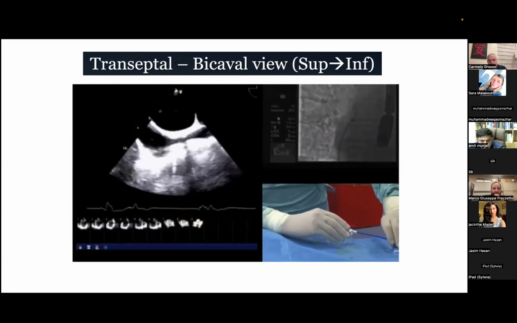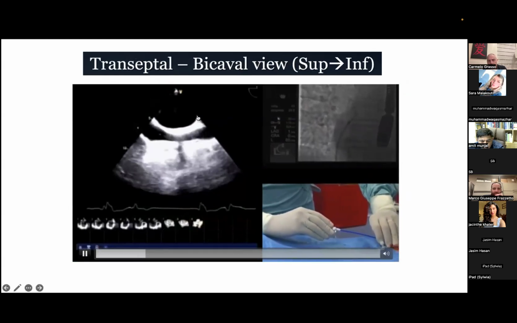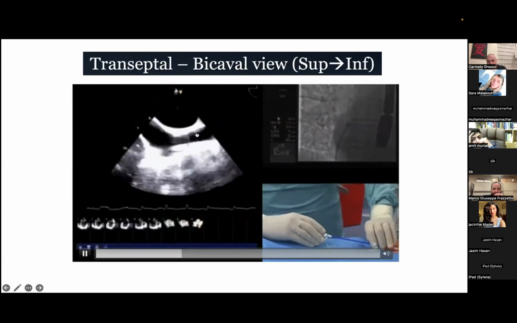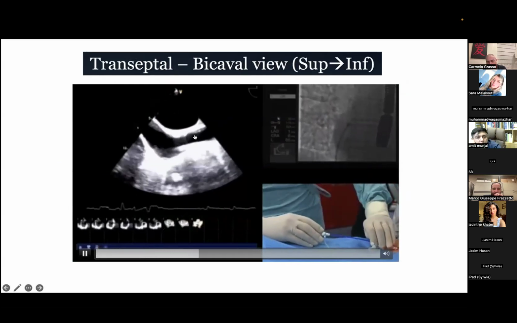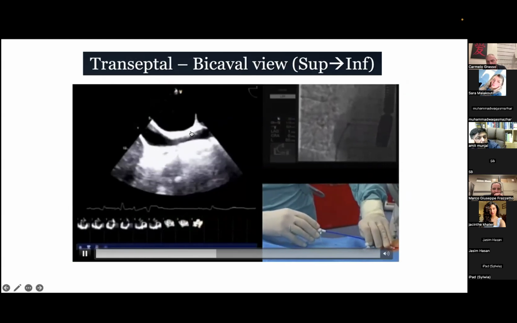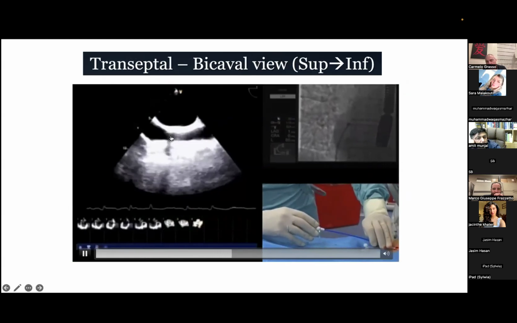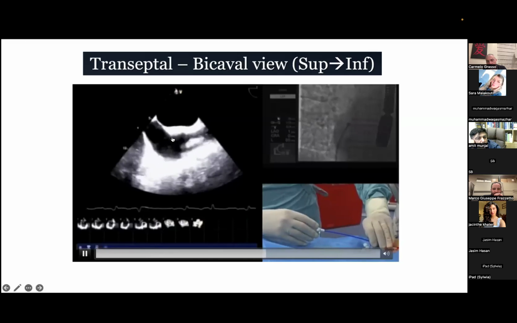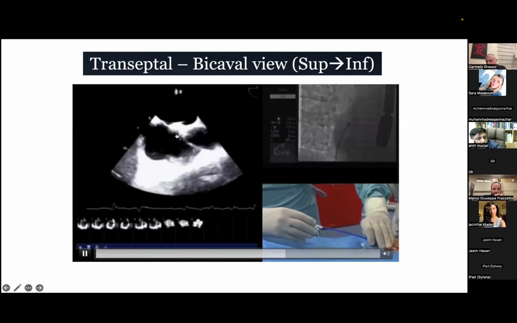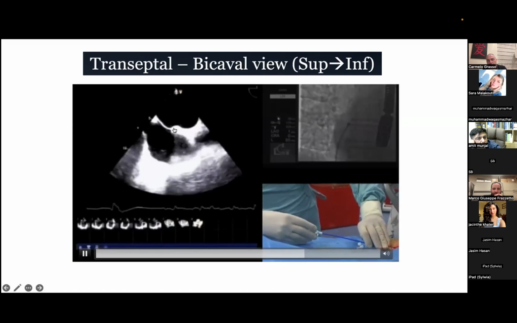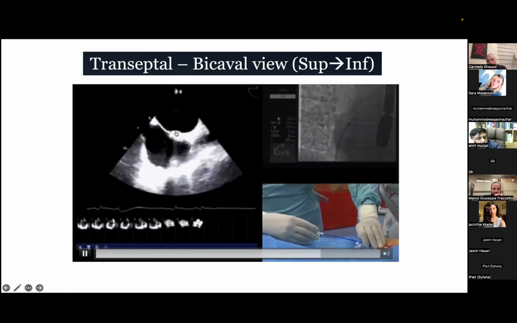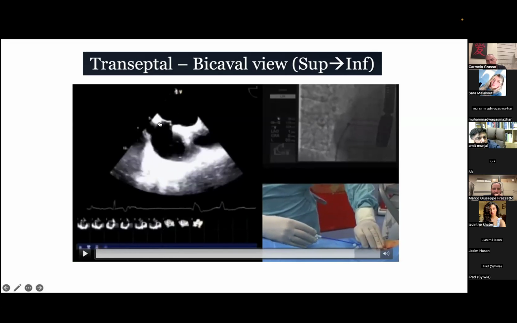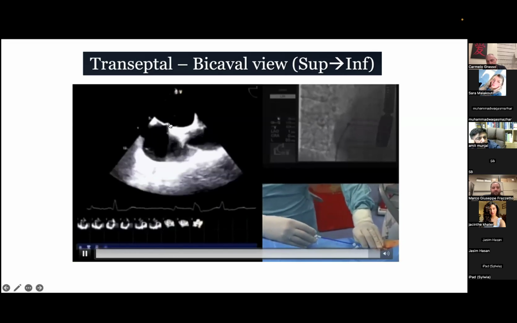The first view is the bicaval view. You can see here the superior vena cava. I'm retracting the needle, coming down from the superior vena cava to the fossa that is here. In a few moments, you will see the catheter pointing toward the septal wall, and then we drop into the fossa.